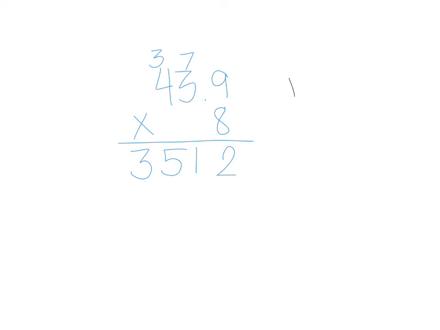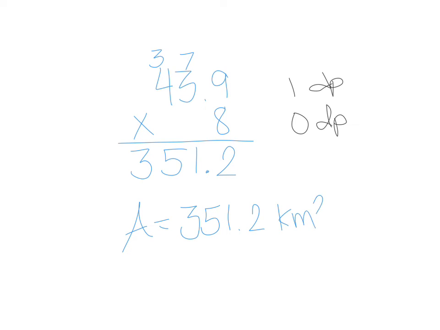And now I have 1 decimal place in my first number and 0 decimal places in my second number. When I add them up together, I should have 1 decimal place in my answer. So then I'm left with 351 and 2/10 kilometers. So that is my answer. Area equals 351 and 2/10 kilometers squared.